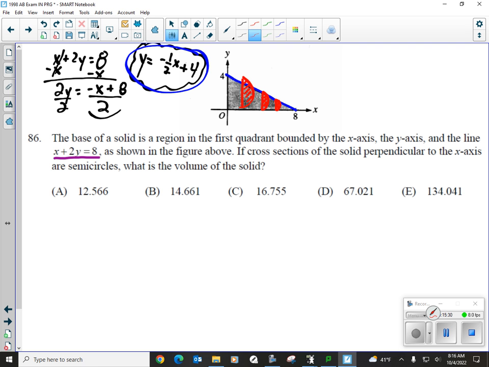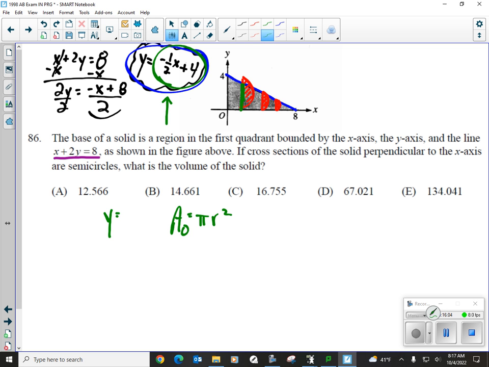Well, I need to integrate area to get volume. So here's the issue, two things. One, the area of a circle is pi r squared, which means I need to square the radius. This formula is the full diameter, not the radius. So I need half of this to get the radius.